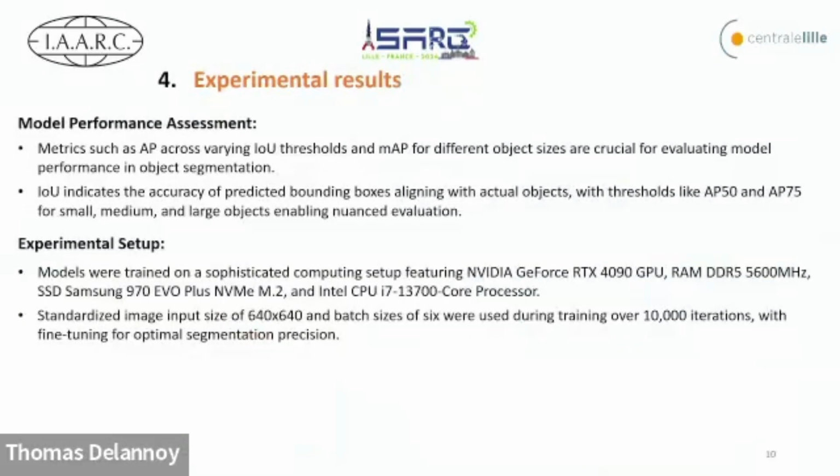For the model performance assessment, we use AP across varying IoU thresholds, and mAP for different object sizes: AP50 and AP75, and for small, medium, and large objects. And here are our computer features.